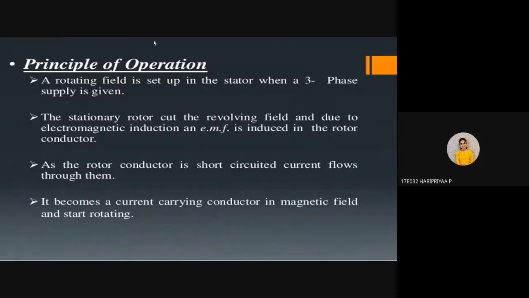Then we'll see about the principle of operation of the induction motor. In both induction and synchronous motors, the AC power supplied to the motor stator creates a magnetic field that rotates in synchronism with the AC oscillations, whereas a synchronous motor rotor runs at the same rate as the stator field.